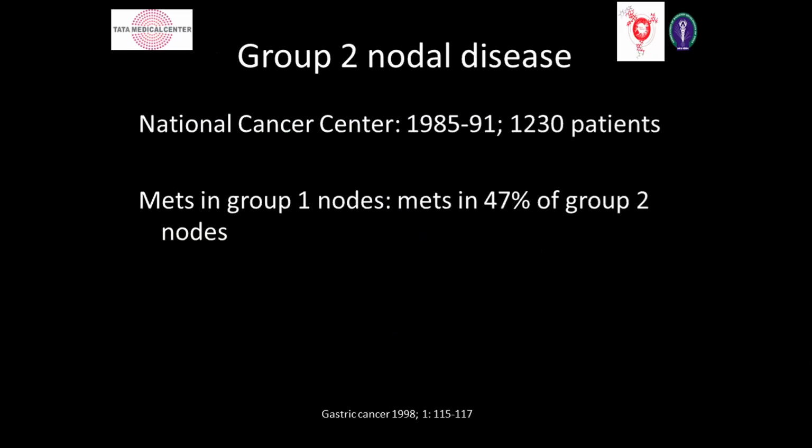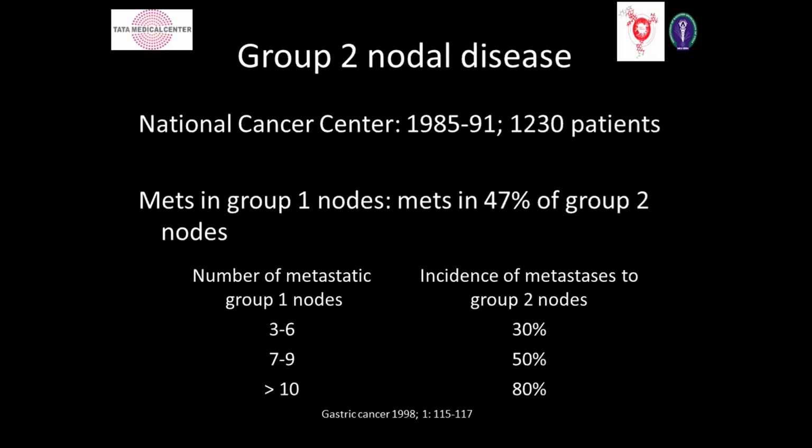In the same study, they collected the data over 6-7 years of more than 1200 patients, and they have shown that if there are 3 to 6 positive nodes, the chance of having D2 involvement is 30%.